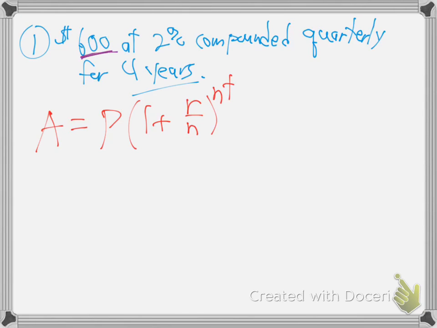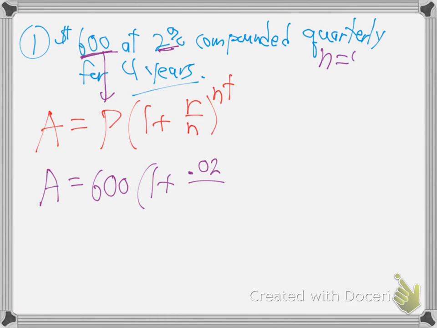That's the principal, right? That's the amount invested now. The rate, 2% is 0.02. The n is 4, because quarterly n is 4 times a year. And the t is also 4 for 4 years.